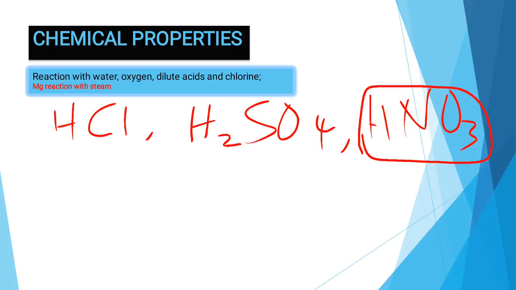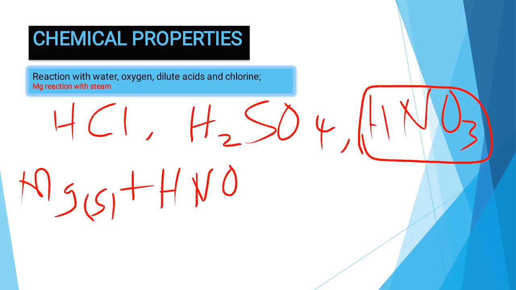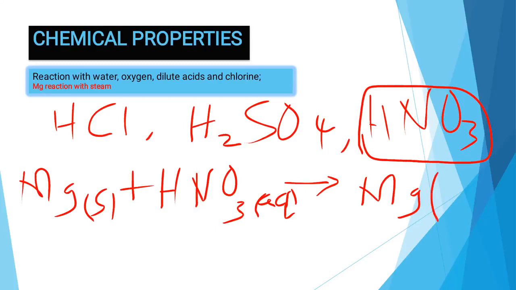So we have magnesium, which is a solid, reacting with nitric 5 acid, which is aqueous, to give us magnesium nitrate, and it's aqueous, plus hydrogen gas.